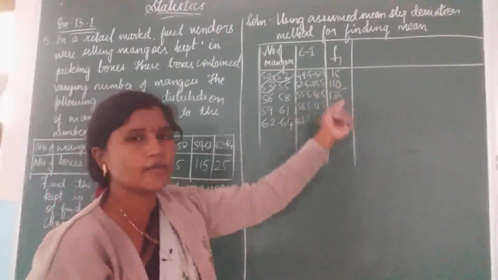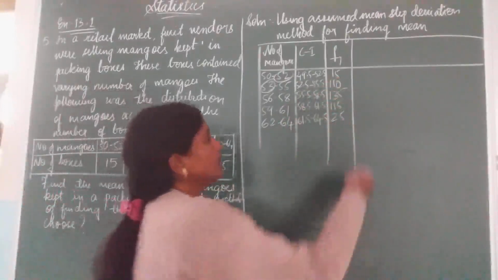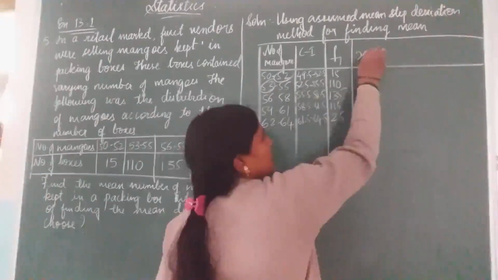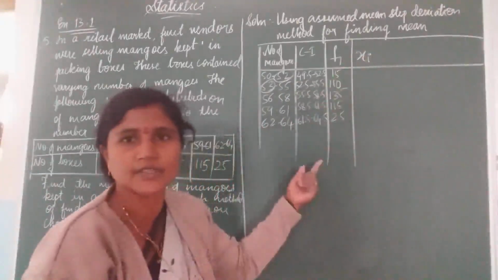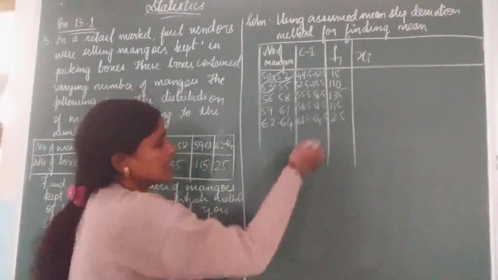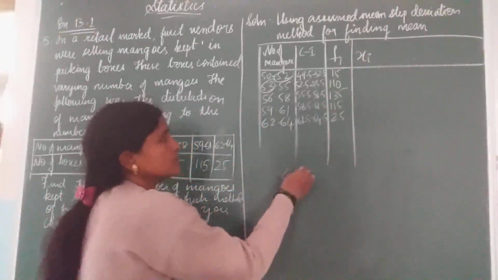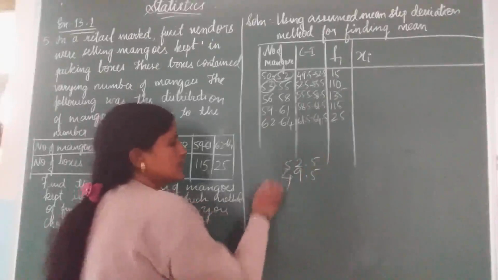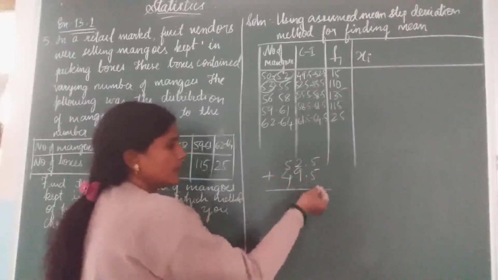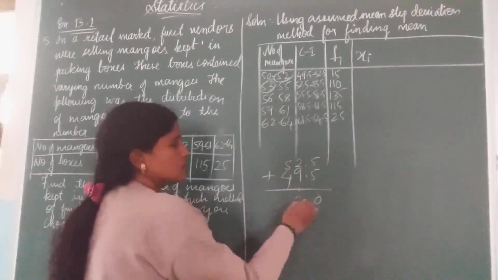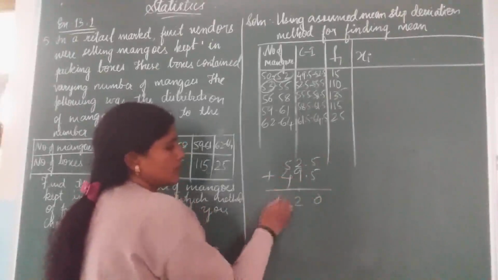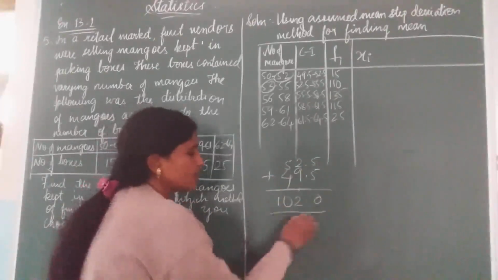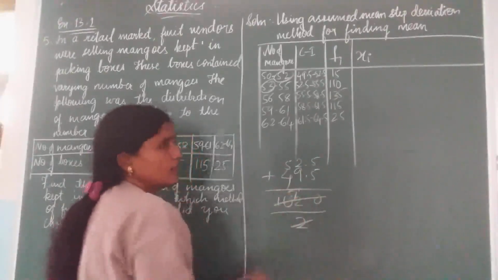Next, the frequencies are already given. Now find the class mark for these class intervals. How do we find the class mark? It is upper limit plus lower limit divided by 2. First add 49.5 and 52.5, which is 102, divided by 2, that is 51.